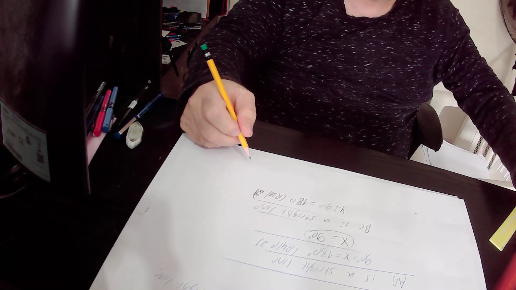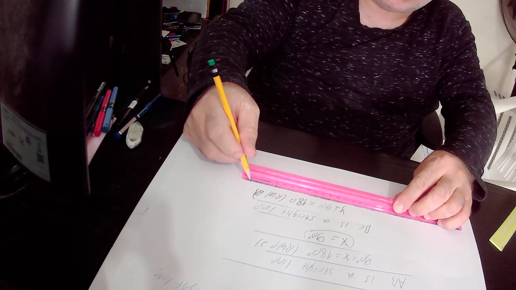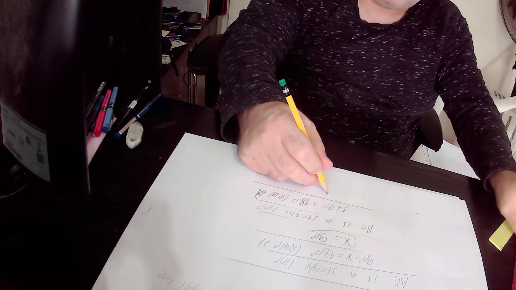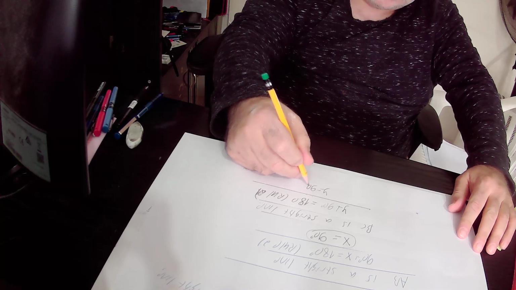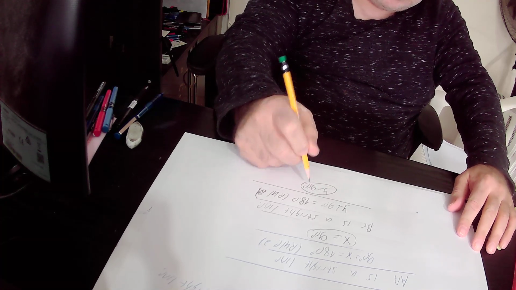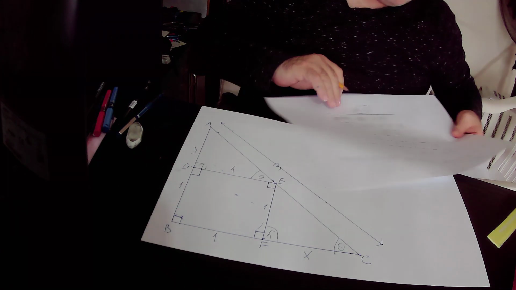Here we will subtract 90 degrees from this equation and we will get that angle Y equals 180 degrees minus 90 degrees is 90 degrees. So we found out that angle Y is a right angle, it equals 90 degrees.